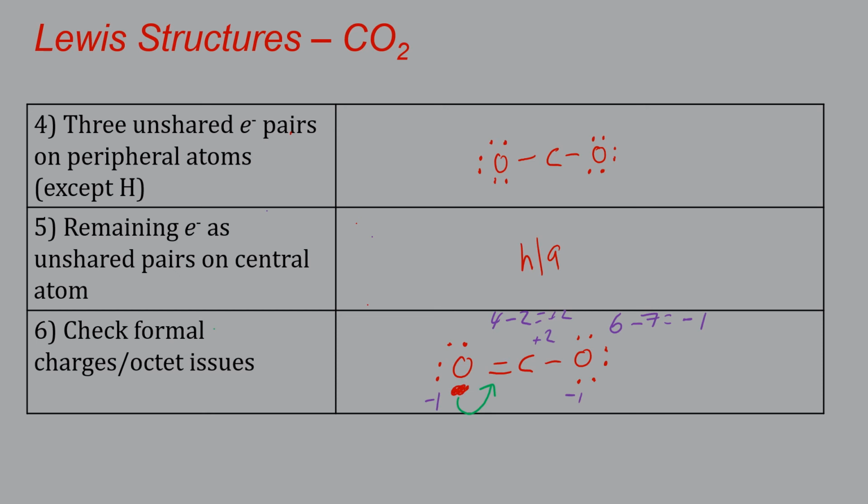So now let's look at what this has done to the formal charge. Now, let's look at the octet issue. Has the octet issue changed for that oxygen? No, it hasn't. It's still got the 2 unshared electron pairs. It's got the 2 bonding pairs. So that still has an octet. But now the carbon has gotten closer to it, because now by octet counting, this now has 6 electrons where it had 4 before.